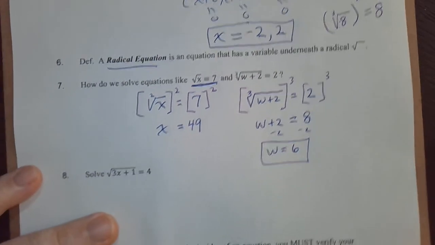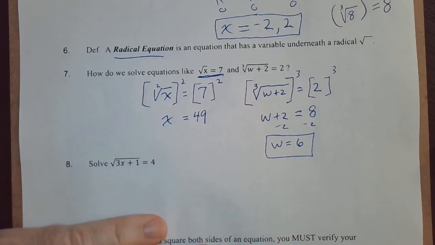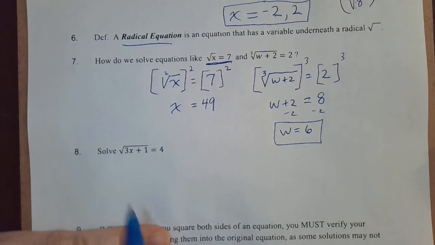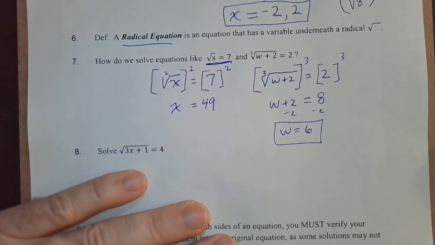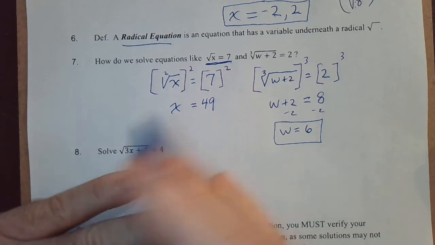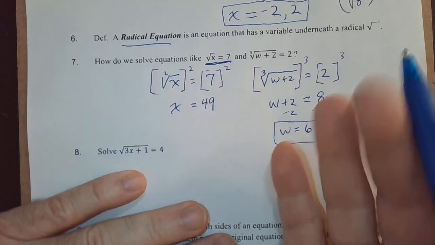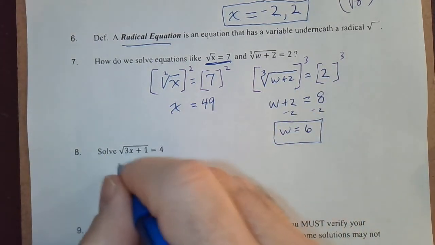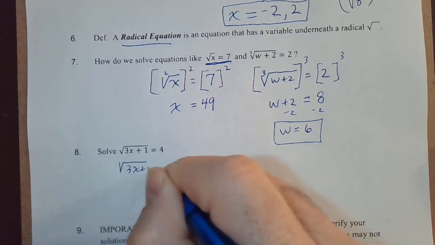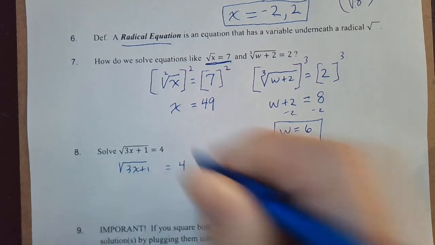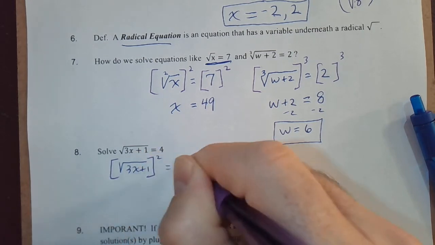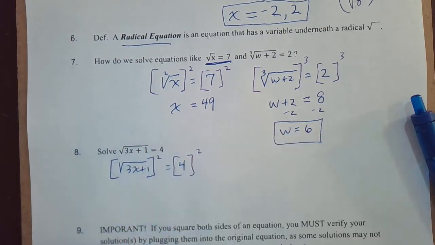All right, let's do one more fairly simple one before we write the recipe down. Let's solve this. The nice thing about it is that there's a radical all by itself on one side. So to get rid of it, we just square both sides. That's all we have to do. So radical 3x plus 1 equals 4. Let's square both sides and see what happens.